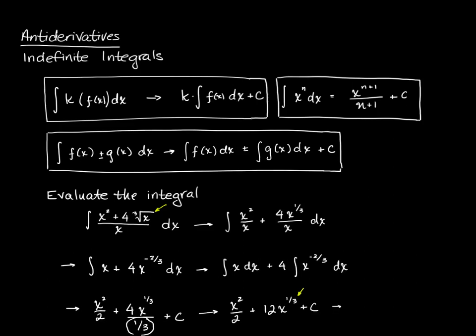So my final answer is x squared over 2 plus 12 times the cube root of x plus c. That last step is just good form. It's polite mathematics, if you will. Whatever form your original problem is given in, your answer should be in the same form.